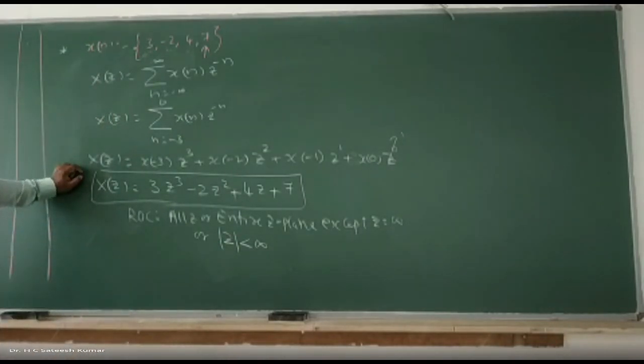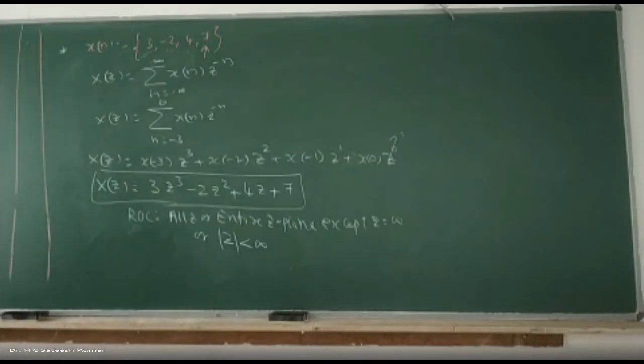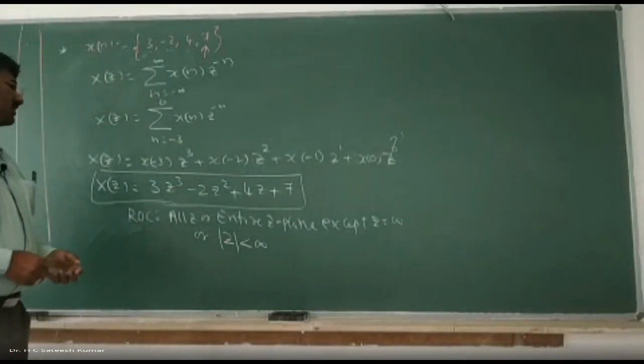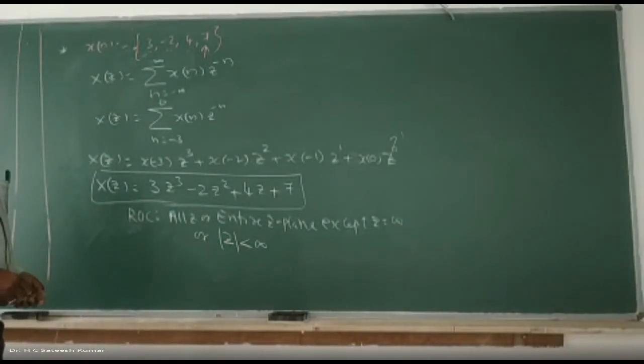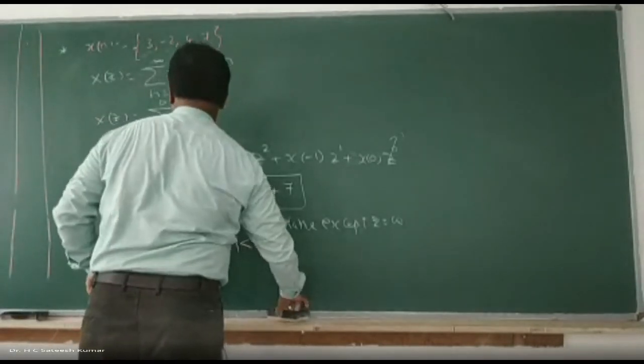All the values are included except Z is equal to infinity. That's why less than infinity means infinity is not included. So mod Z less than infinity we can get, right? So that is your ROC. That's how we should do it.